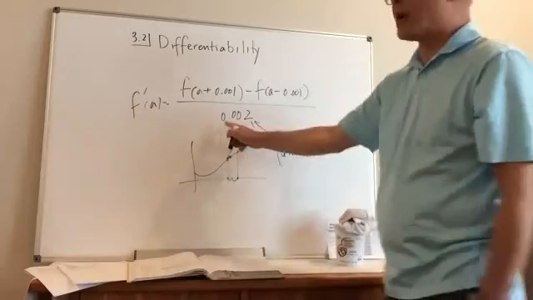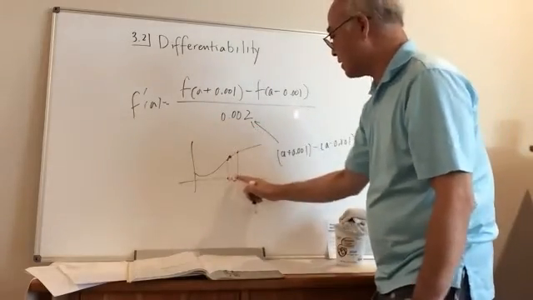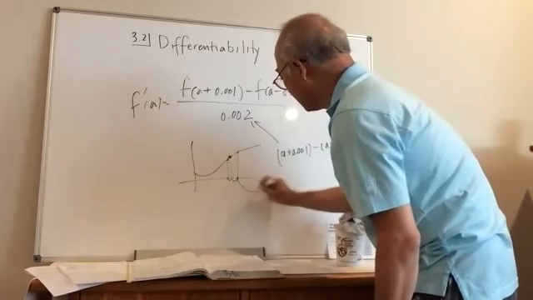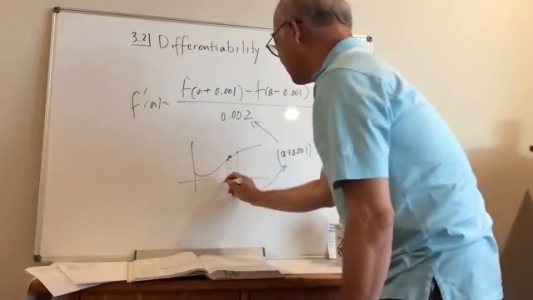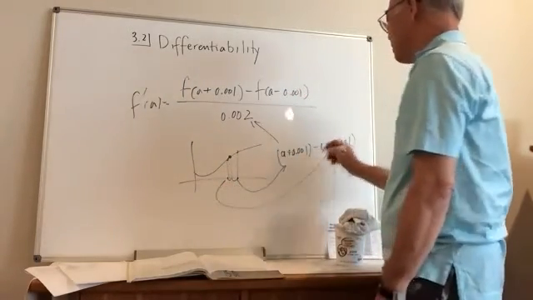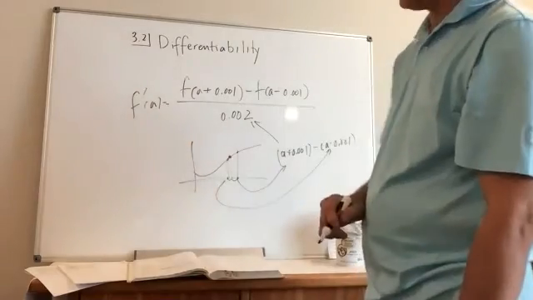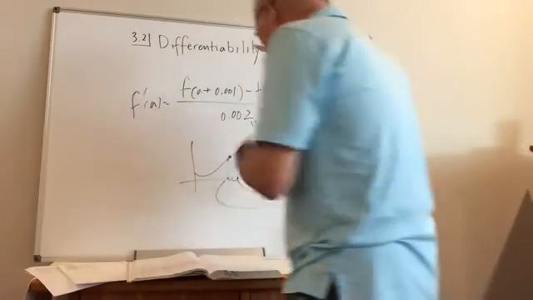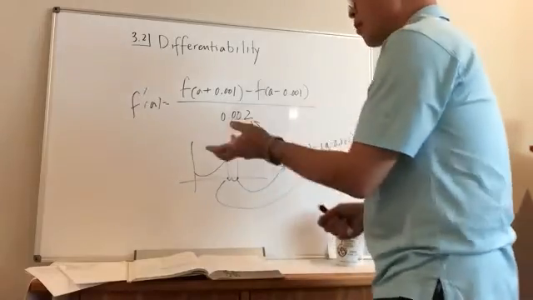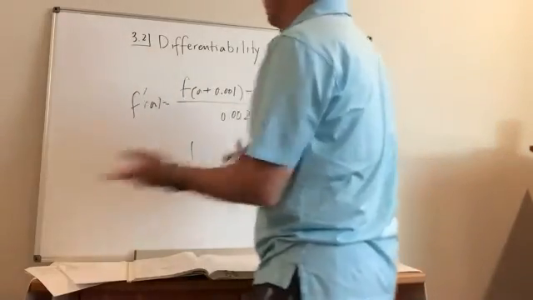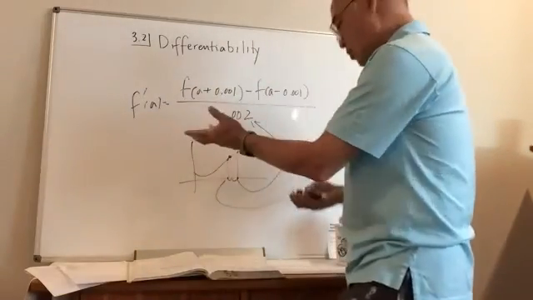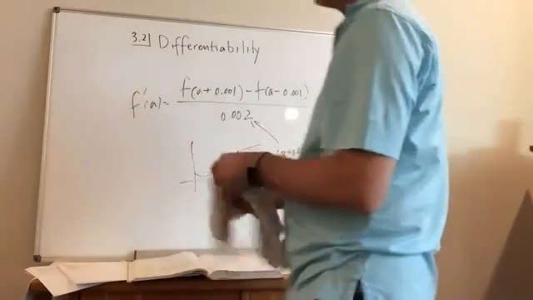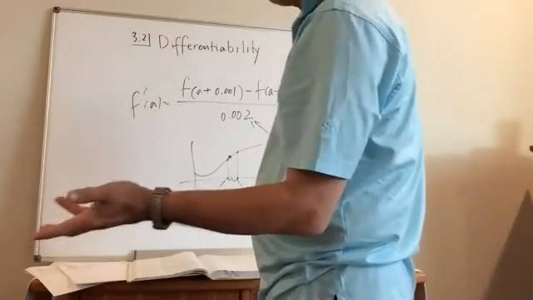That's how you come up with the length of these two, right? Because this guy here is this guy. And that's where the 0.002 comes from. Okay, so this is how you do a numerical derivative. This is how your TI-84 works. This is what it's actually calculating when you ask it to calculate the derivative.